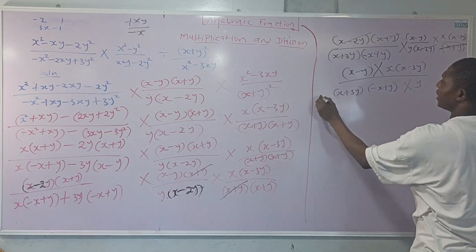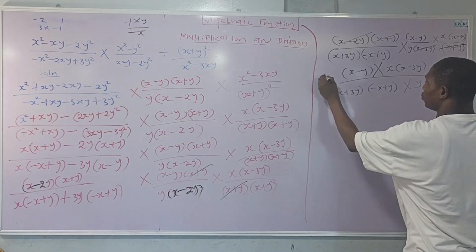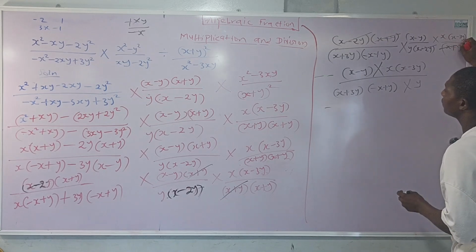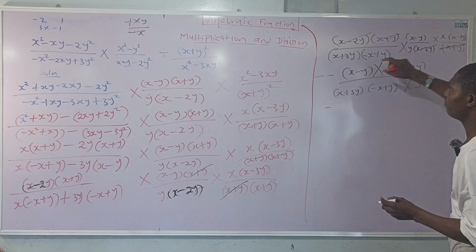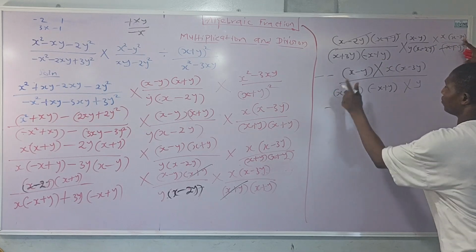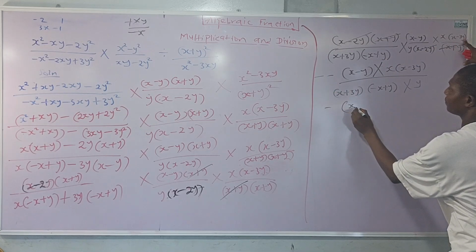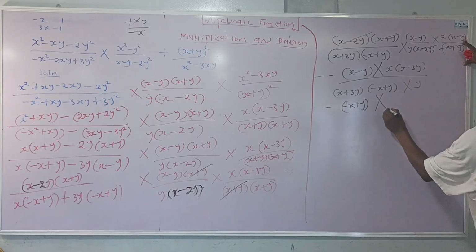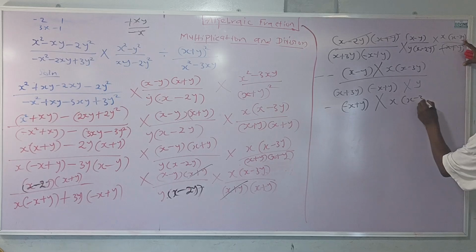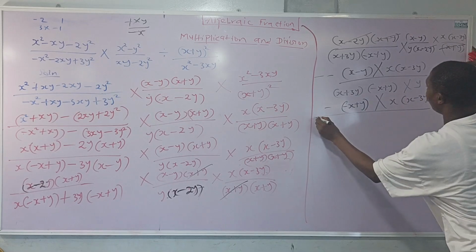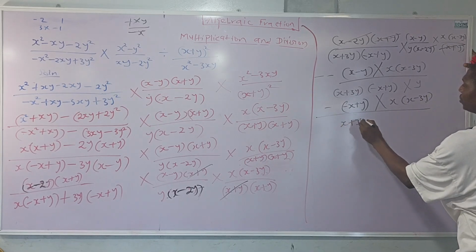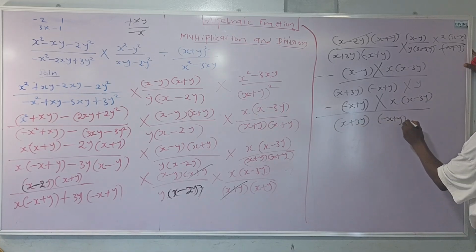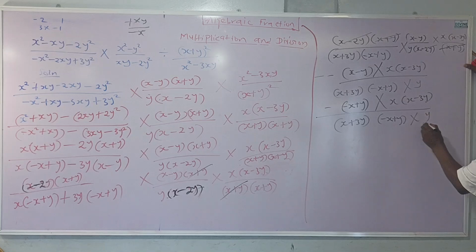If I put two negatives at the bottom or at the top, I will have this as negative, focusing on this now, remember. Using this negative to multiply, you'll have negative x plus y times x bracket x minus 3y, all over x plus 3y in bracket negative x plus y times y.